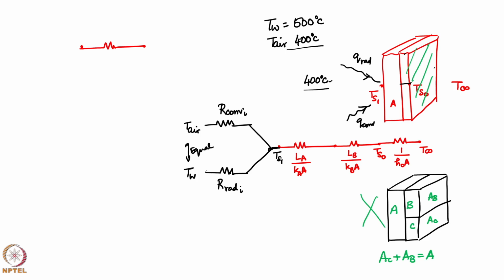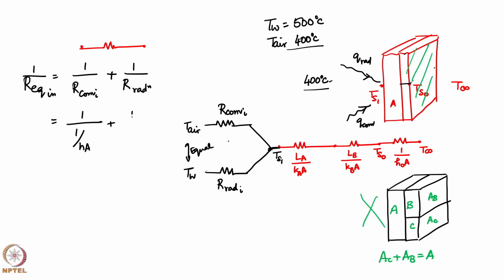Now, it is a matter of finding the equivalent resistance. So, I will do the equivalent resistance for this, that is R equivalent inside. 1 over that is 1 over R convection inside plus 1 over R radiation inside. So, that is 1 over 1 by hA plus 1 over h radiation into A. This is convection, this is radiation, both are equal.